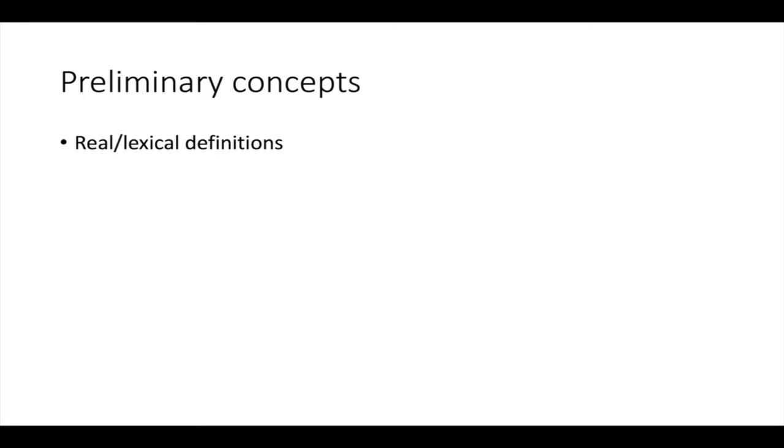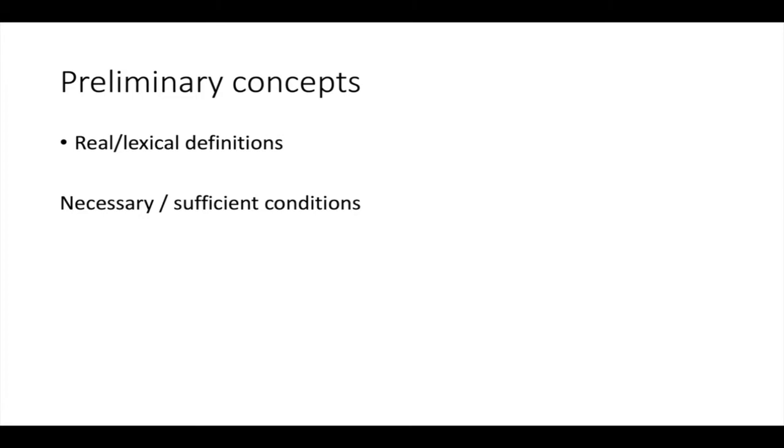And looking up the answer in a dictionary is not going to really help us answer that question. It's not going to help philosophers answer that question because they're not concerned with how people generally use the word free. They're interested in something else, in the nature of freedom, in what it is to be free. And one of the ways that they approach questions of real definitions is by trying to give necessary and sufficient conditions.